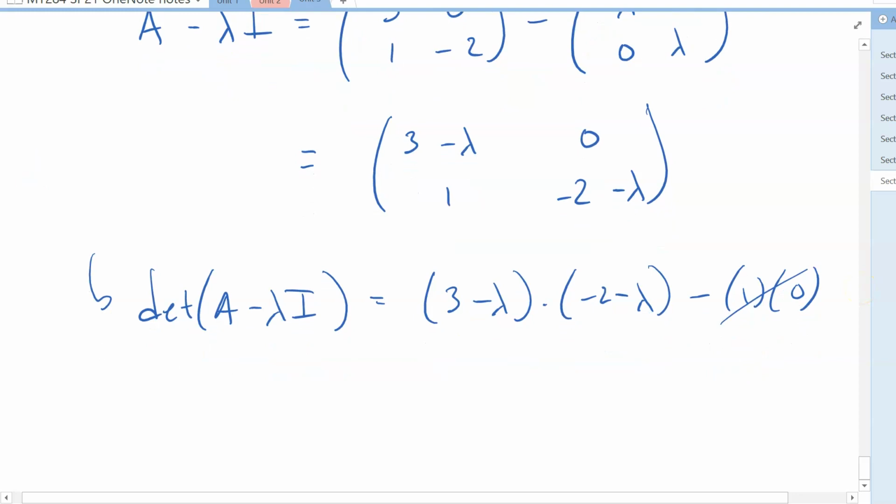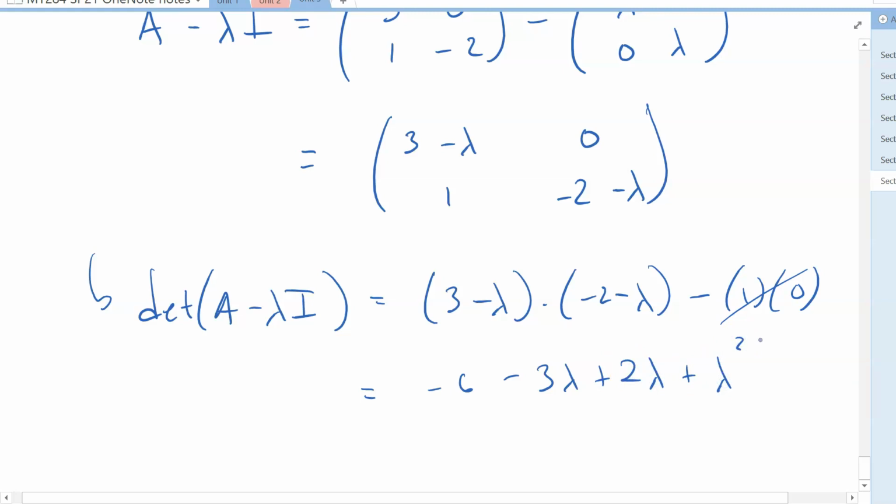We can multiply that out, and I'll make a comment about that in a minute. If we multiply this out, we would get -6, minus 3 lambda plus 2 lambda plus lambda squared.